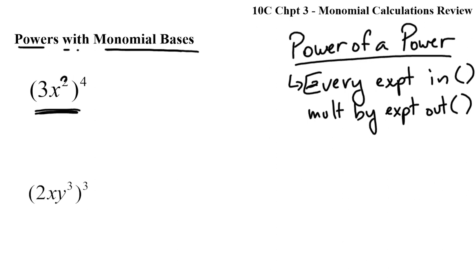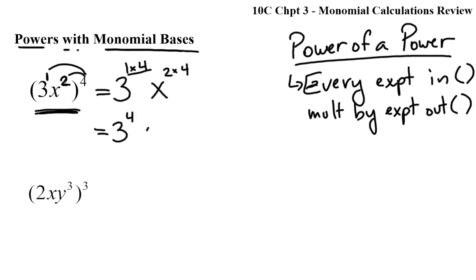You have the exponent 2, but you also have an exponent 1 on the 3. So the exponent outside multiplies by each exponent on the inside. So we would have 3 exponent 1 times 4, and the x would be exponent 2 times 4. Well, we want to simplify. 1 times 4 leaves us with 3 to the 4, and 2 times 4 leaves us with x to the 8.